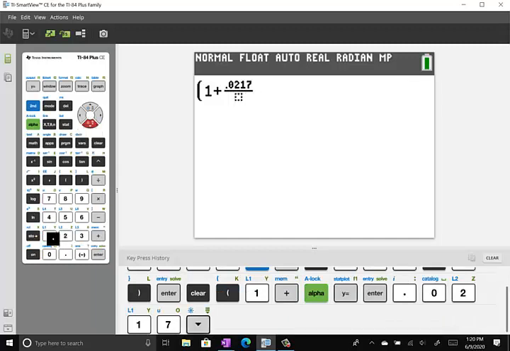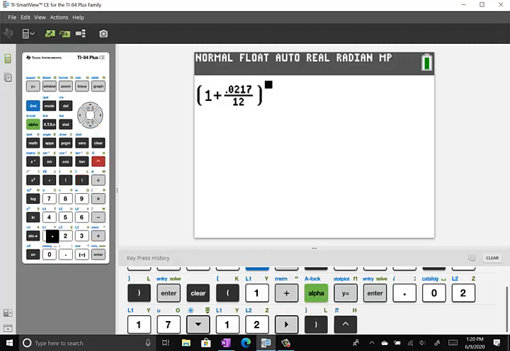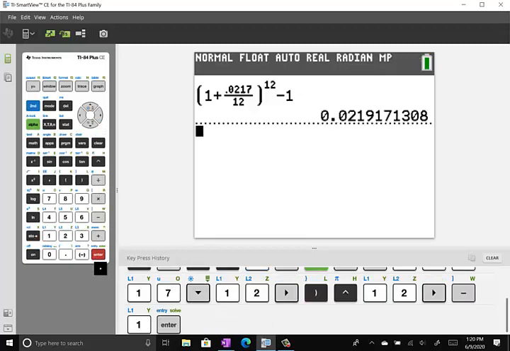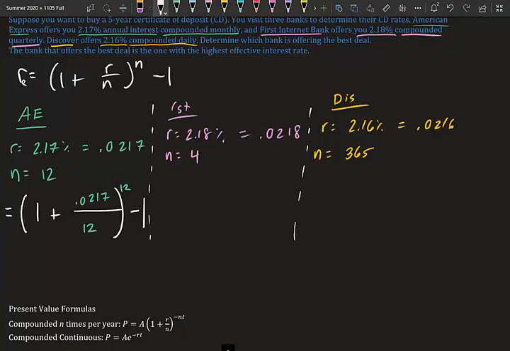On the bottom we have 12. Close out the parentheses, that's the power of 12, all minus 1. And we get 0.0219171308, which in percent form is about 2.192%.